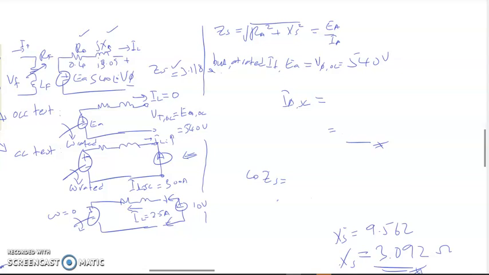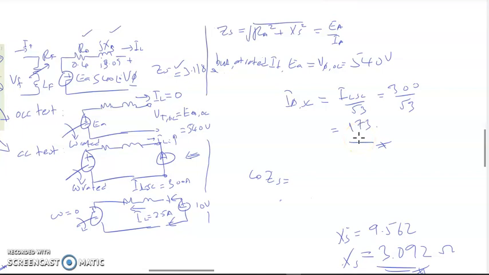It is equal to I load short circuit divided by root 3. So we have here 300 ampere divided by root 3. We shall get how much? 173.2 ampere. This is your phase current, 173.2 ampere, and just now the phase voltage.